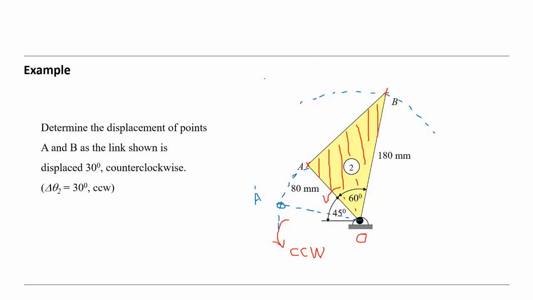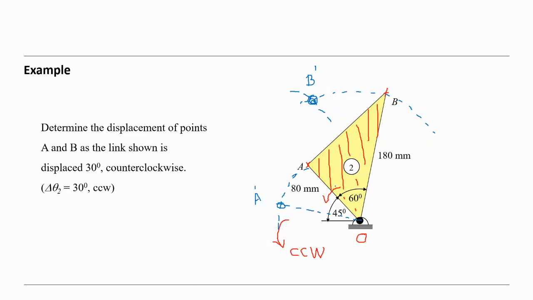And if we know the point A prime, which we already defined, we can easily find the position of B. This is using a protractor from the center, A prime to this curve, and B prime must be somewhere here.